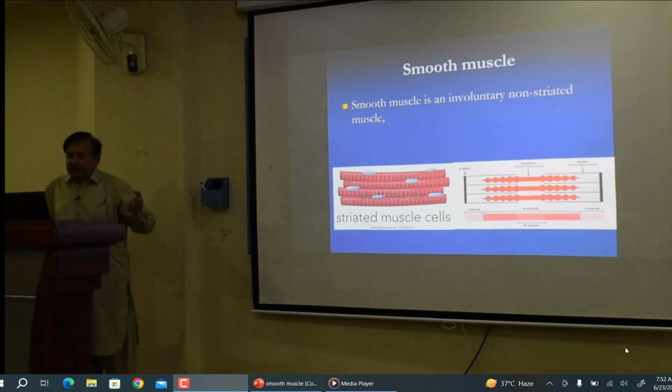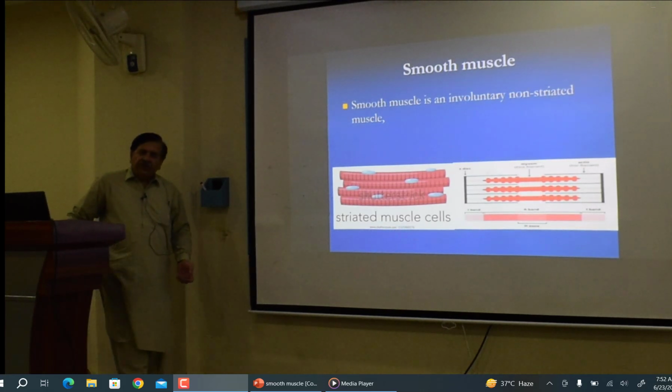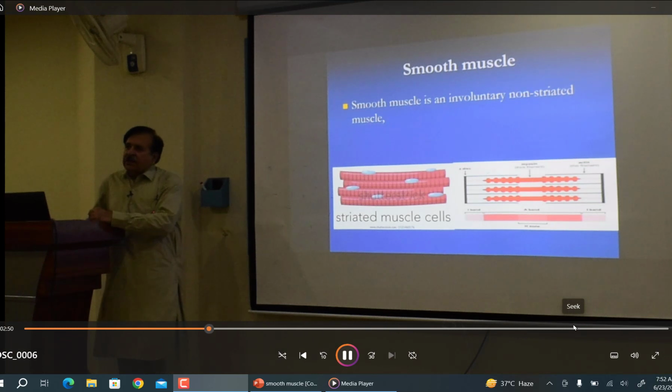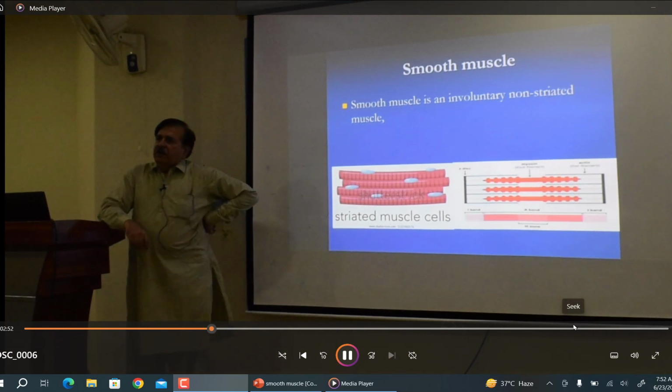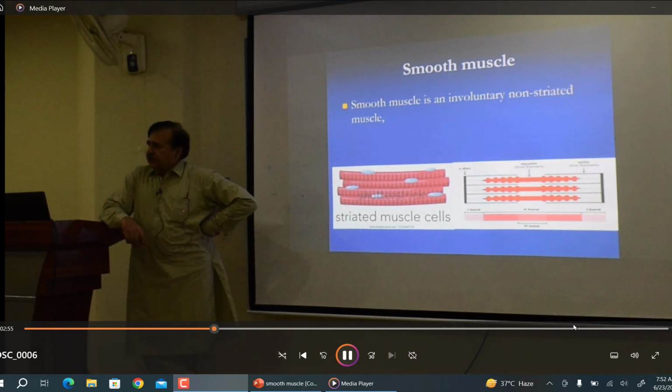Another important point regarding the smooth muscle is that it is involuntary, so its movement is not in our control.